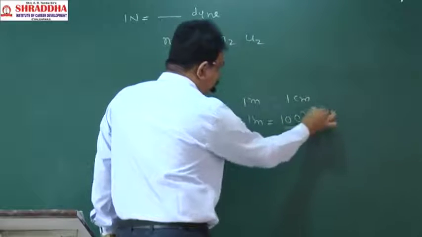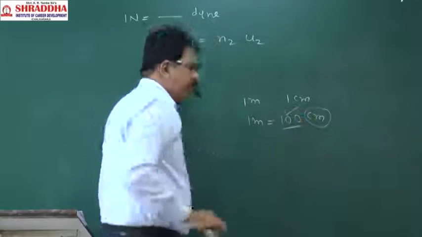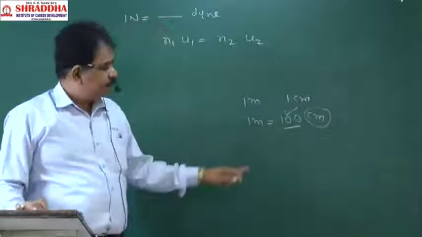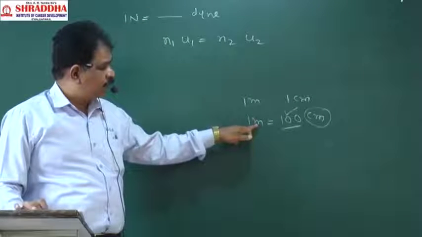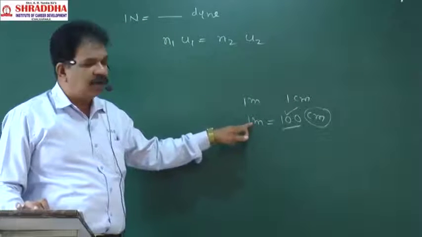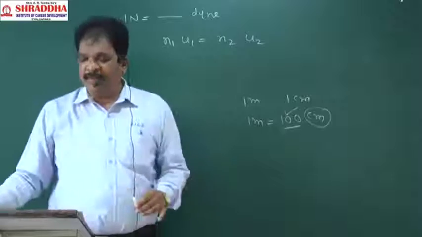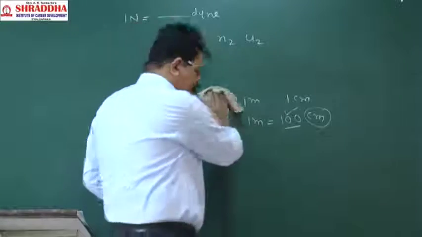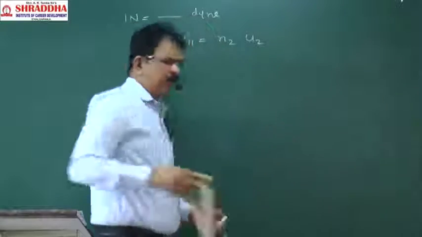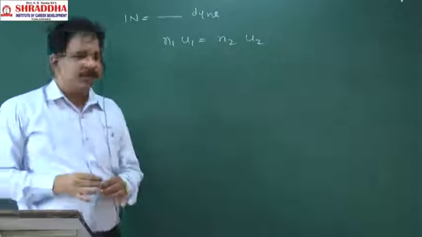So if the unit is small, the number will be more; if the unit is more, the number will be small. That is the relation between the number and the unit. Both are inversely proportional to each other.